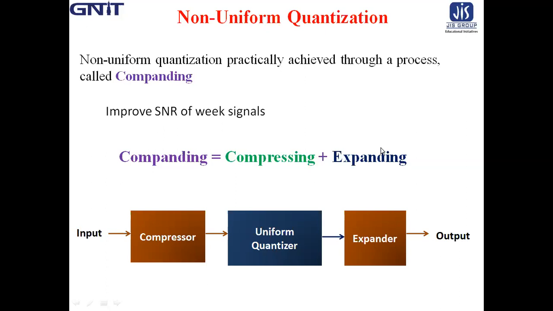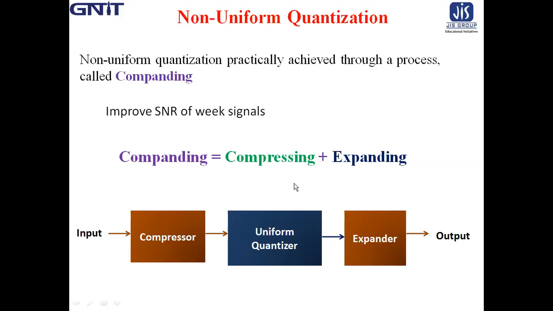Therefore, a particular method is used where the weak signals are amplified and strong signals are attenuated before applying them to a uniform quantizer. This process is called compression, and the reverse process is called the expander.